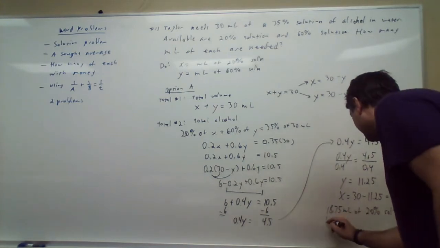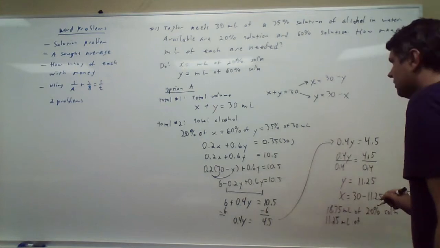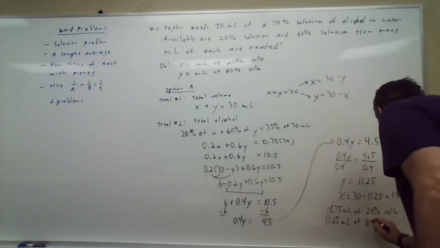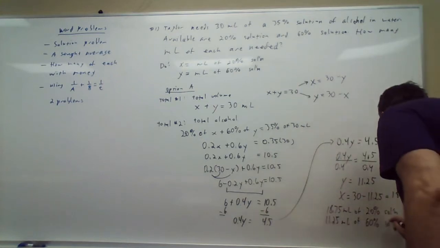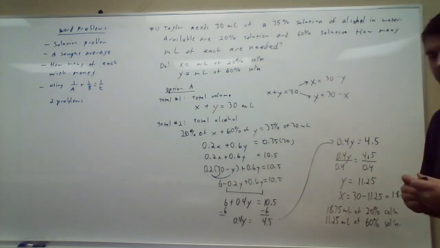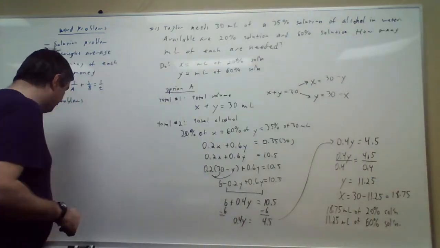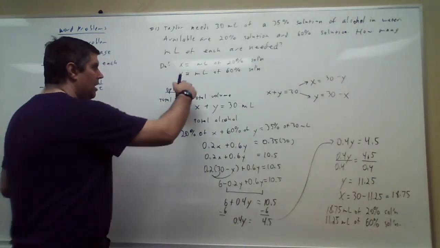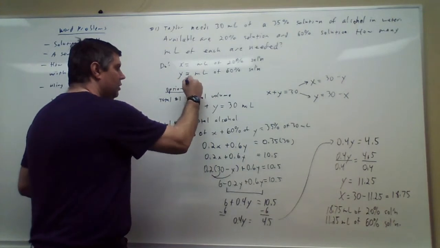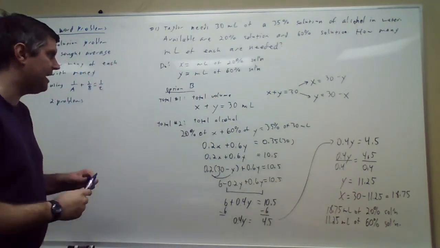And we need 11.25 milliliters of 60% solution. Okay? As I said, it doesn't matter what you put in. Okay? So option B would have everything being the same.